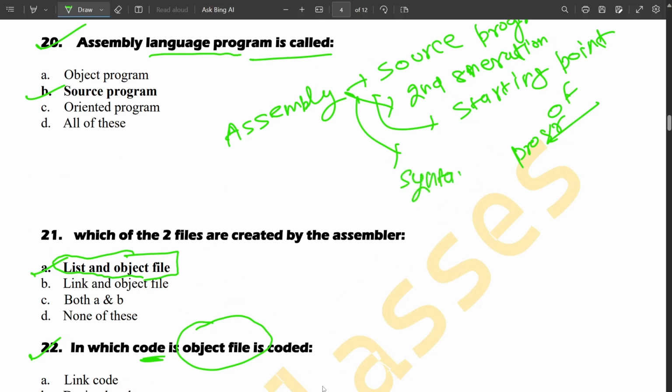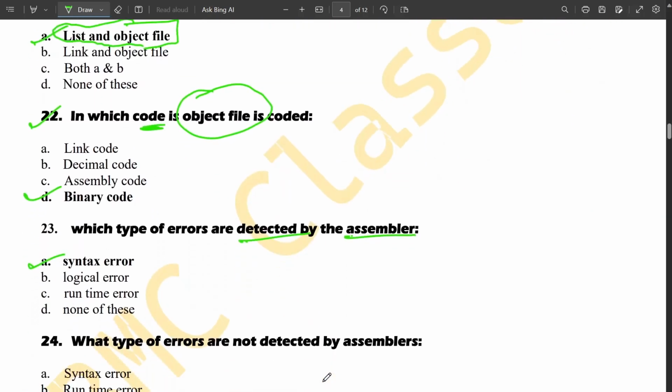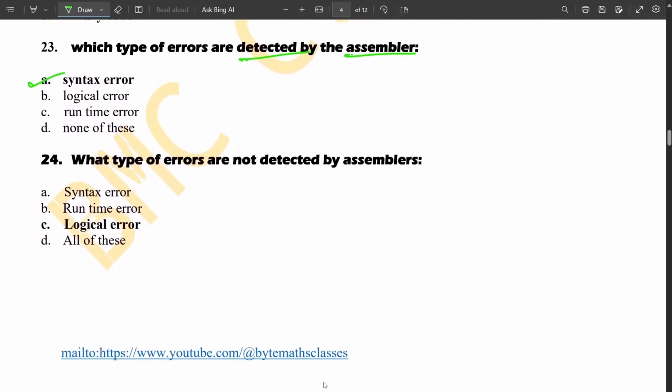Next, question 24: what type of errors are not detected by the assembler? We know that syntax errors are detected by the assembler, and which type are not? So logical errors are not detected by the assembler.